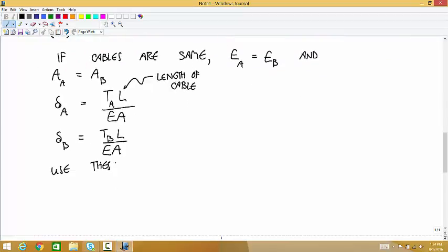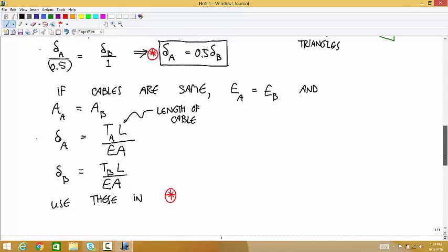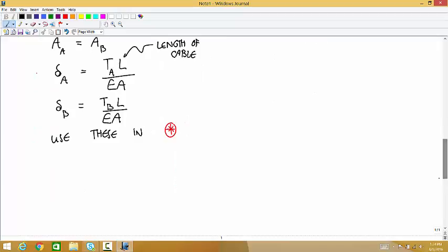So we'll use these in the red star equation, and we get that TAL over EA is equal to 0.5 TBL over EA.